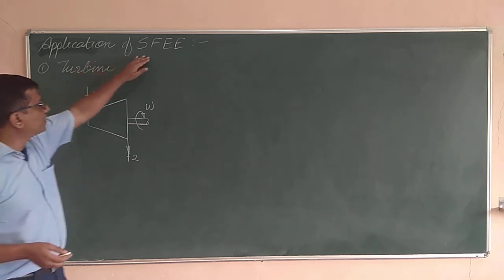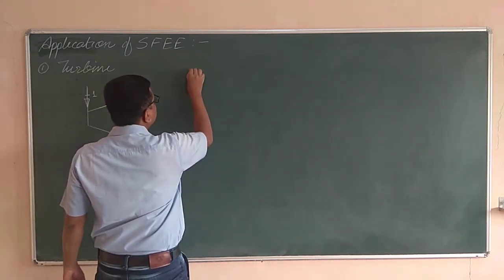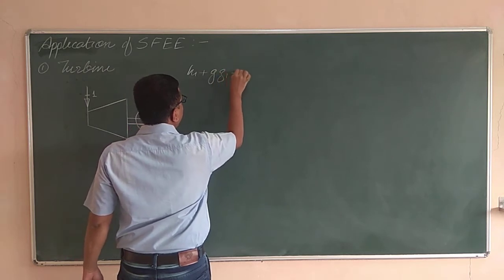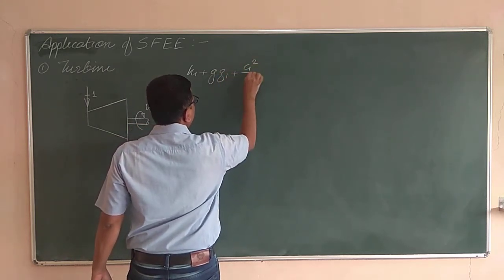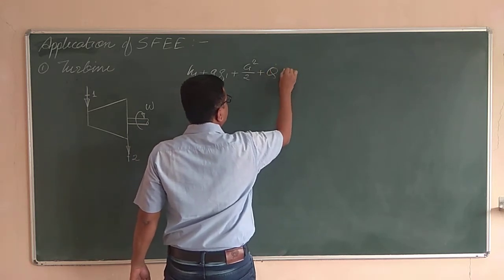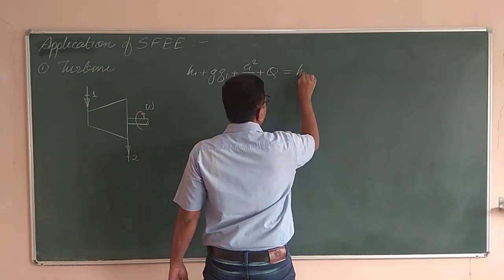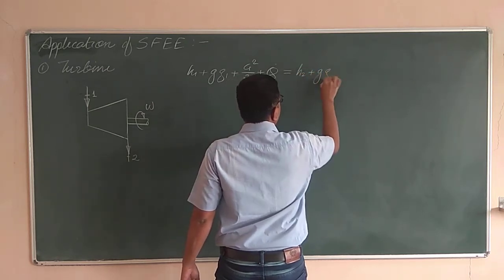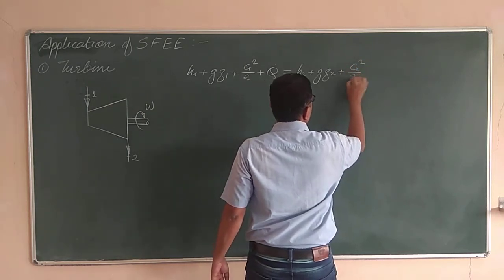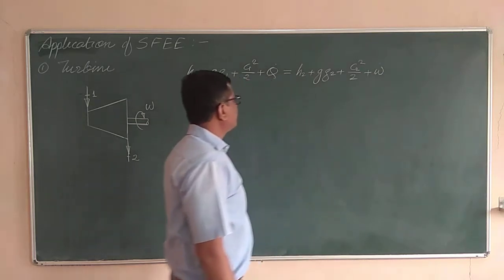What is the steady flow energy equation? I would like to write it down as H1 plus gZ1 plus C1 square by 2 plus Q dot, the heat transfer rate taking place across the boundary of the system, equals H2 plus gZ2 plus C2 square by 2 plus W dot, right?